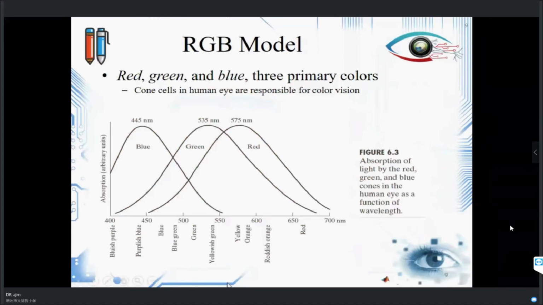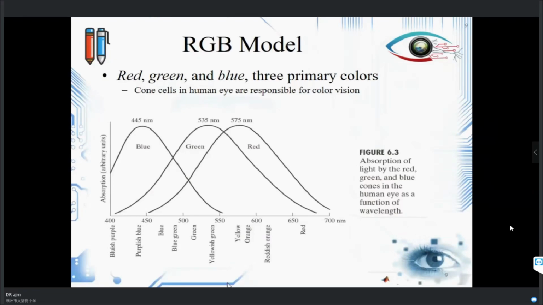Let us see the first model that we will talk about. It's the combination of three colors: red, green, and blue, and as you can see in this model, each of them has some domain or frequency, which is shown in the figure.